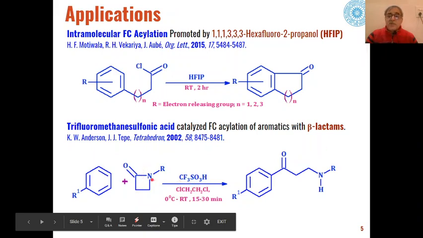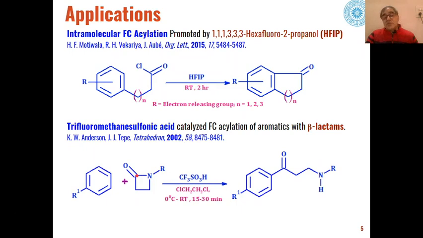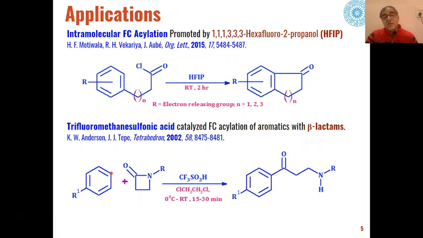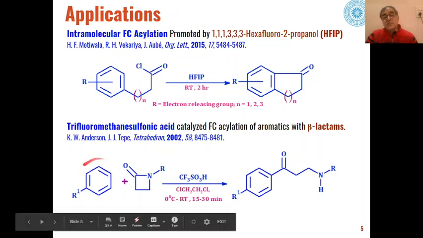H from here will go to this nitrogen, and this ring will open, and positive charge will be created at this carbon containing carbon oxygen double bond. So an acylium cation will be formed at this place, and H will go to this nitrogen, and then this acylium cation will interact with the aromatic system. Electrophilic aromatic substitution will take place, and we will get these types of aryl alkyl ketones as the product.